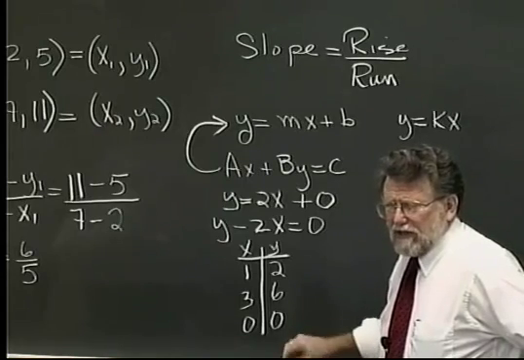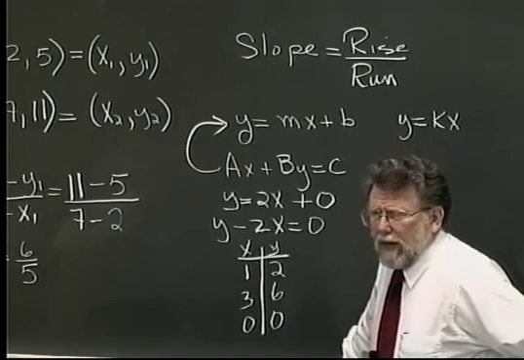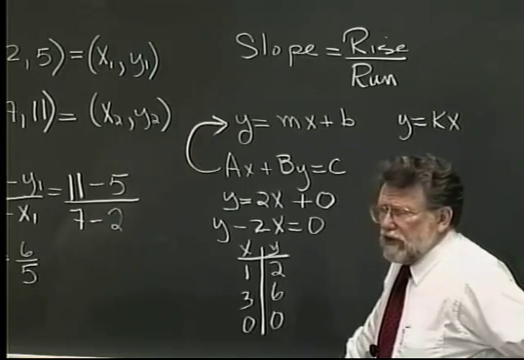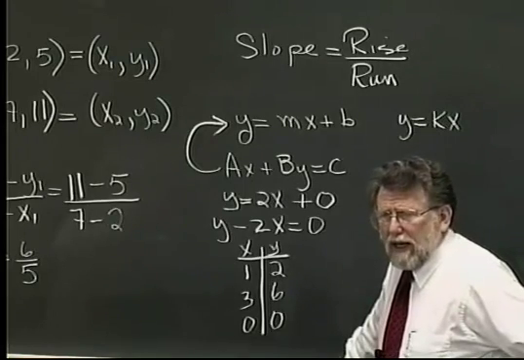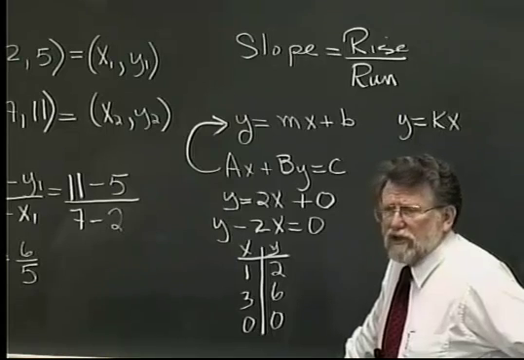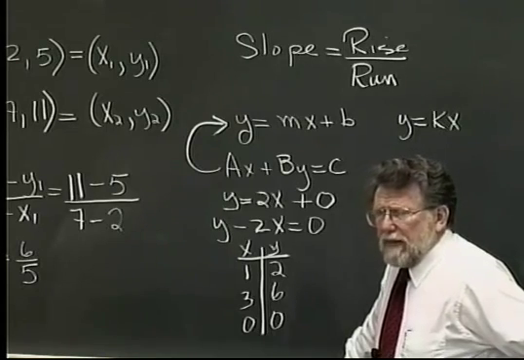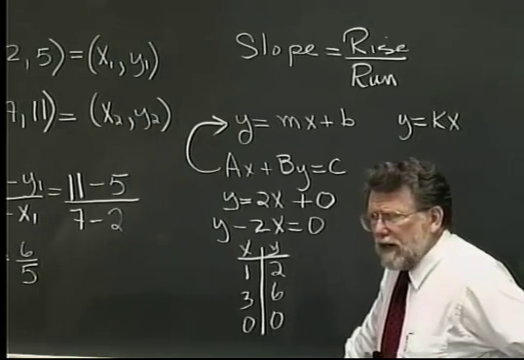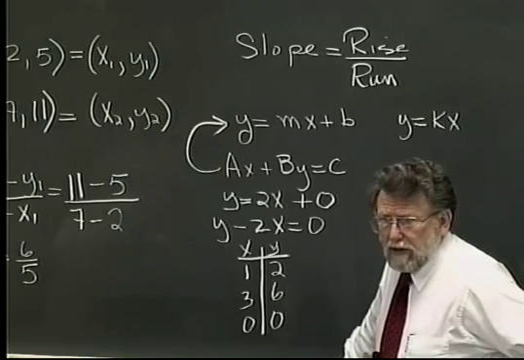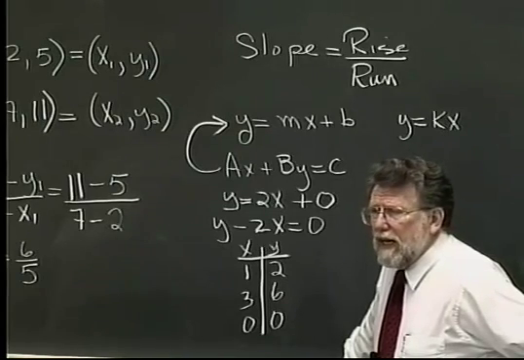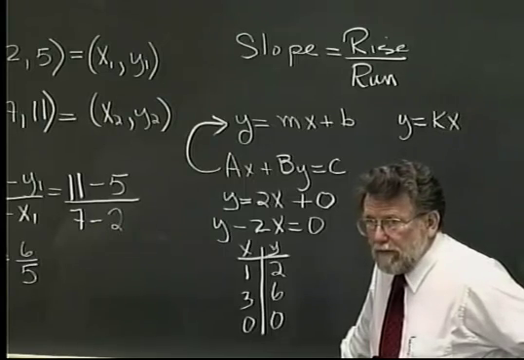A couple other asides. When you plot the points, you must join those points in a straight line. It is not sufficient just to plot the points, because we are not restricting ourselves to integers. We are saying x can be any real number.